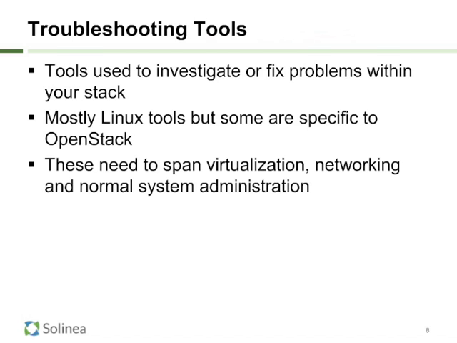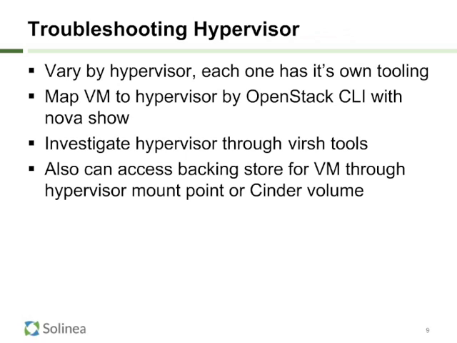So for example, let's talk about troubleshooting the hypervisor. Every one of your hypervisors is going to have its own proprietary tool chain. However, we'll talk about the most common ones, which are built in with KVM, which tends to be the most popular hypervisor to use with OpenStack. One of the big points here is how you map VMs to where they're located.